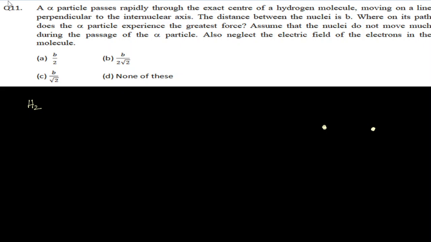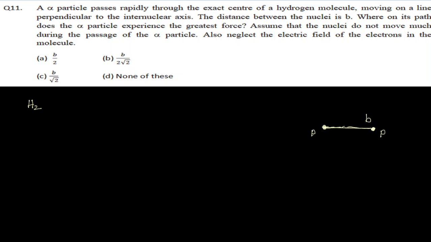So one proton here, another proton here. Let me just write P, P, both have positive charge. And the distance between these two nuclei, as written in the question, is b.